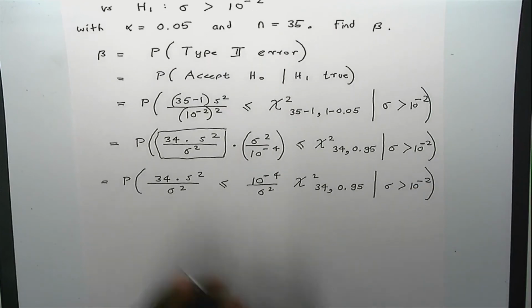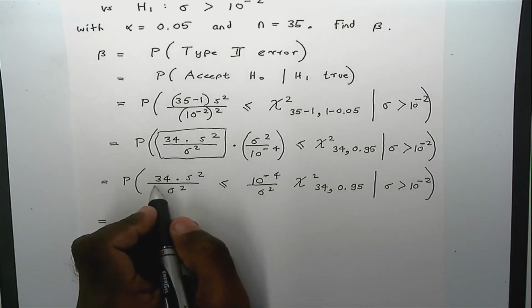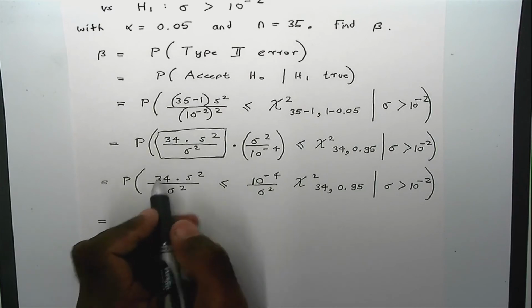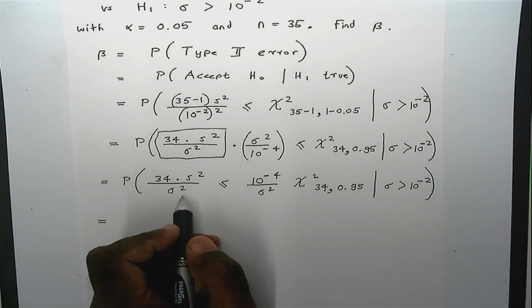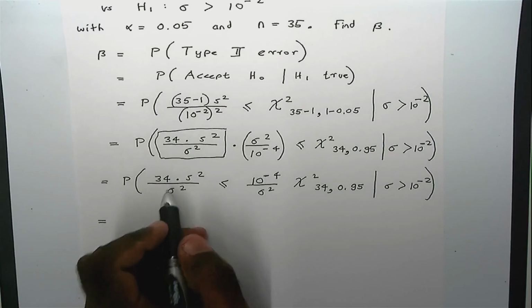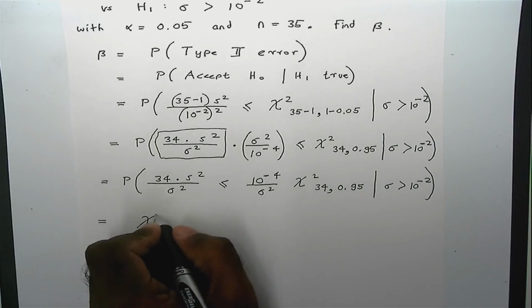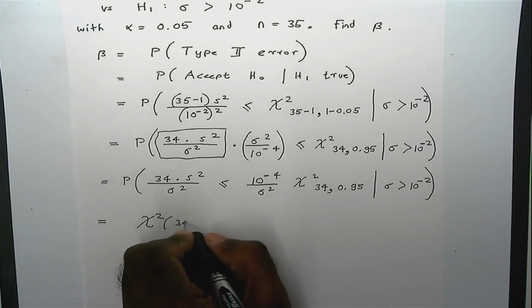Okay, now in this line I'm going to use the fact that, once again please look at the video on chi-square distribution, one of the properties I mentioned is that n minus 1 times s squared divided by sigma squared must have a chi-square distribution with n minus 1 degrees of freedom, which in this case is 34.